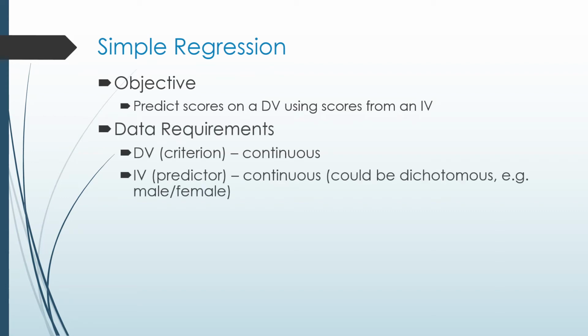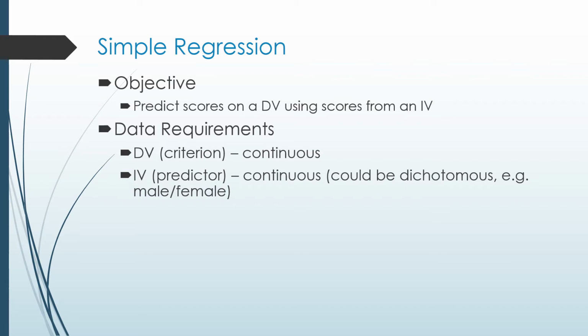The data requirements for simple regression are that you have a dependent variable, sometimes called the criterion variable or the outcome variable. You'll also see that. That is a continuous variable by definition. The independent variable, or the predictor variable, is usually continuous. However, it could actually be a dichotomous variable, such as gender, or whether students are participating in a program, whether they're receiving special education services or not, whether they're considered to be ELL or not.